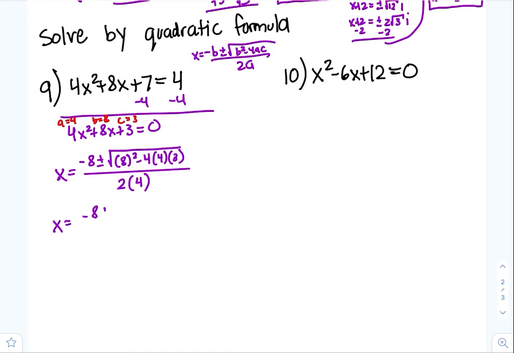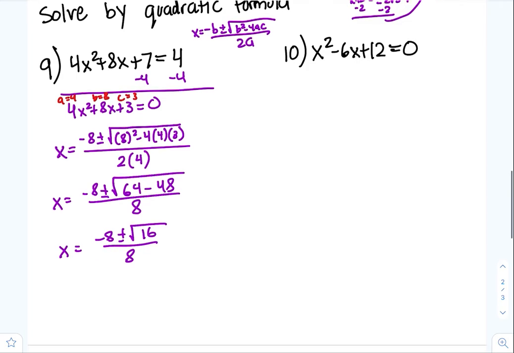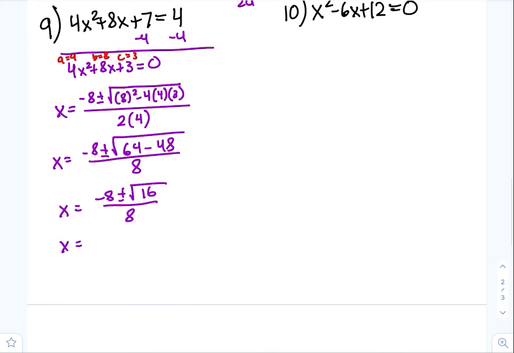Simplify, negative 8 plus or minus 64 minus 16, 4 times 4 is 16, 16 times 3 is 48, all over 8. Simplify, we get 16 over 8. So then you guys, square root of 16, you guys, is 4, right? So negative 8 plus or minus 4 over 8.